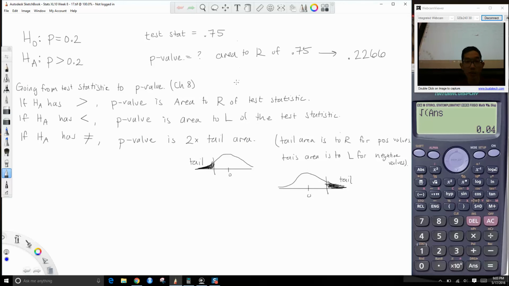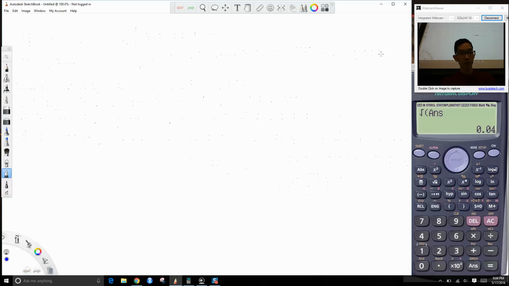These are the details for step 3C. So what we have right now is that our p-value is 0.2266. So far, so good? Okay. I'm going to continue on.